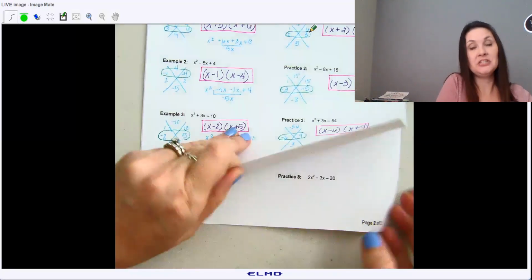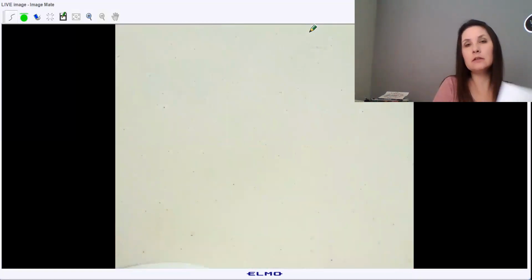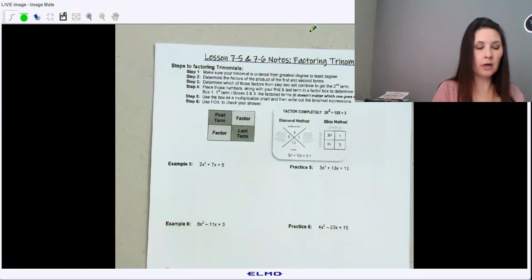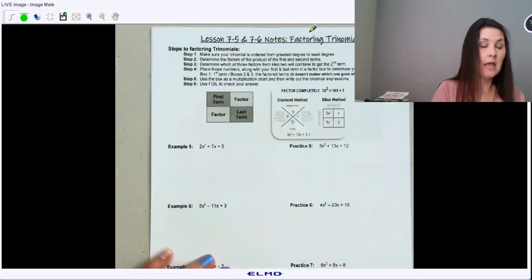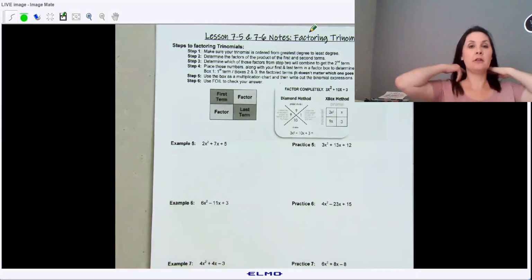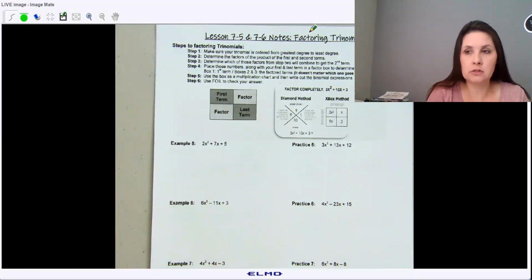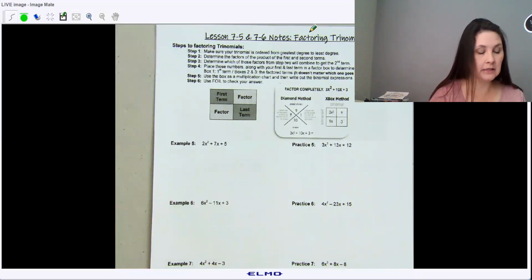Now we're going to go to page 2 where your leading coefficient is not 1, and it gives you a little bit more work, maybe a little bit more of a challenge. There is a method that I'm going to show you, and this is very beneficial for students who have a little bit of trouble, like with puzzles. I really like this lesson because it is like a puzzle and you fit the pieces together at the end.